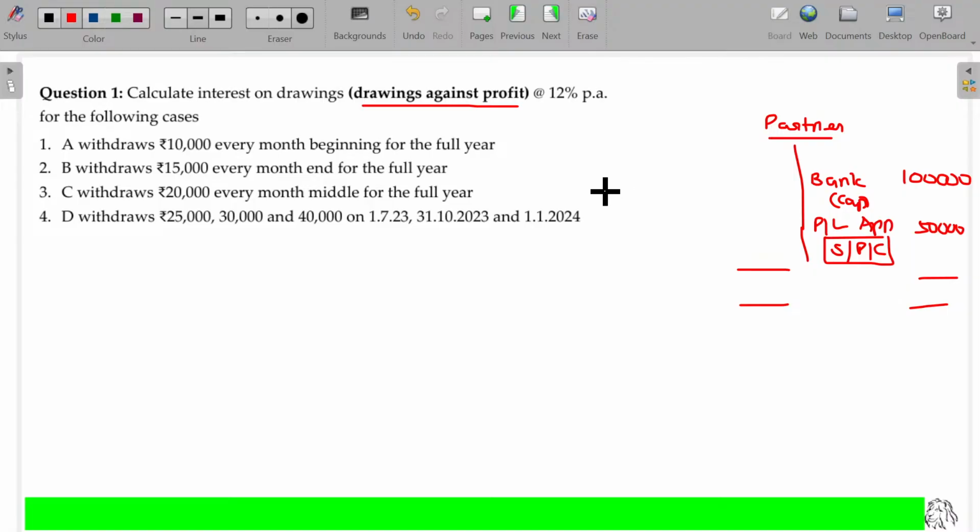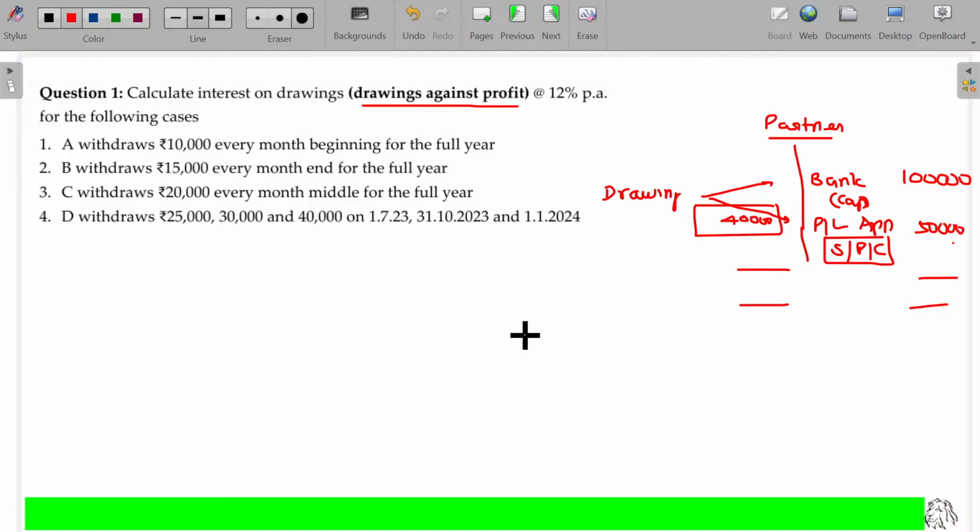Now the question is, how will he be able to draw drawings? Will it be out of this one or this one, sir? If he draws out of this, anyhow this year I may expect 50,000 rupees distributed from that partnership firm. I need to take around 40,000 rupees for my personal requirement. Can I do so? Yes.